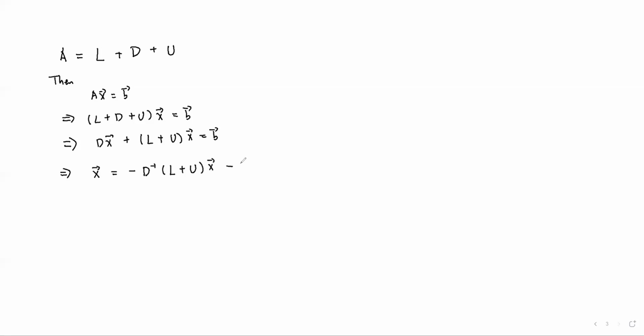A plus D inverse D B. Okay, this is a matrix, let me call this matrix T, X, and this vector C. Now replace the X on the left side, Jacobi method.